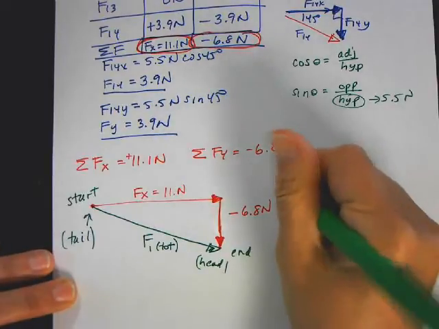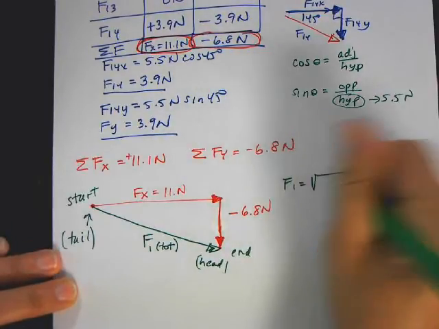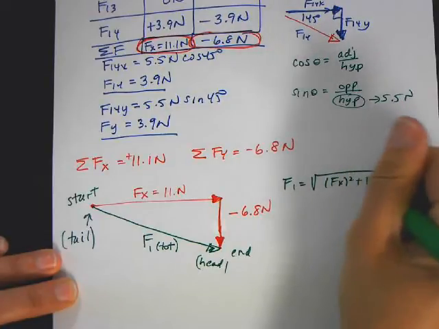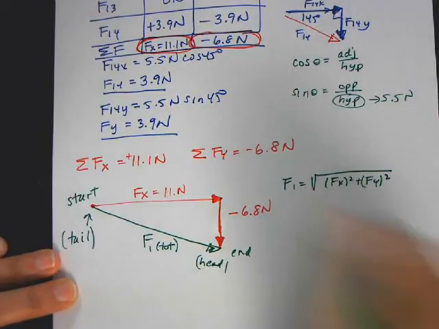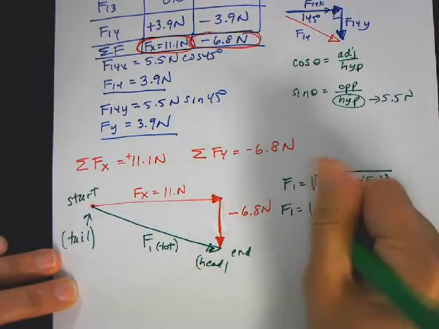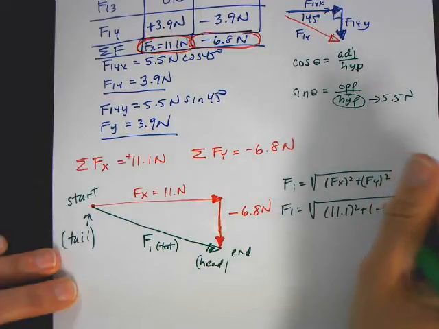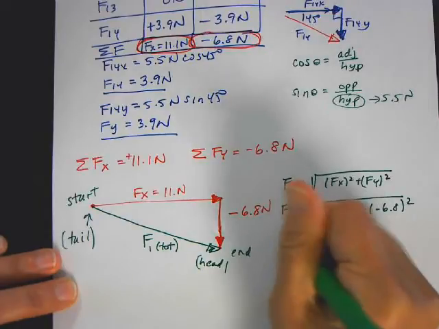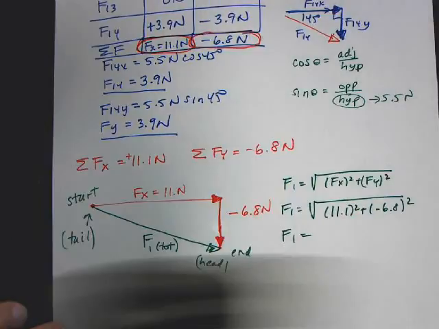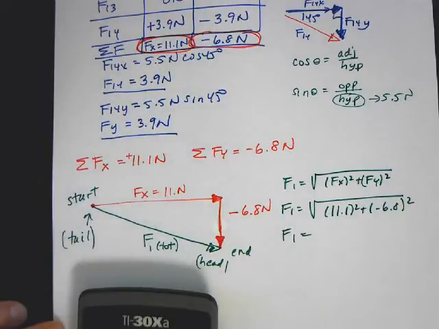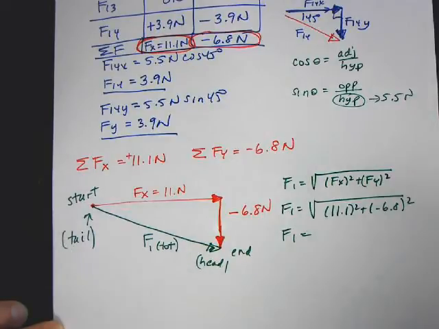So when I do that on my calculator, it comes out to be 13. But we're not done, because remember, that is just the magnitude. I also need to find the direction. So how do I find the direction of a vector? I always find the direction of the vector from the tail. So here's the tail.